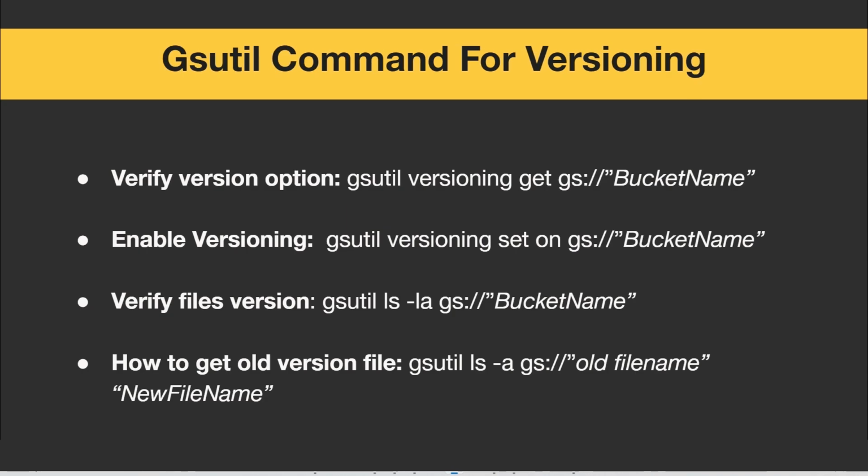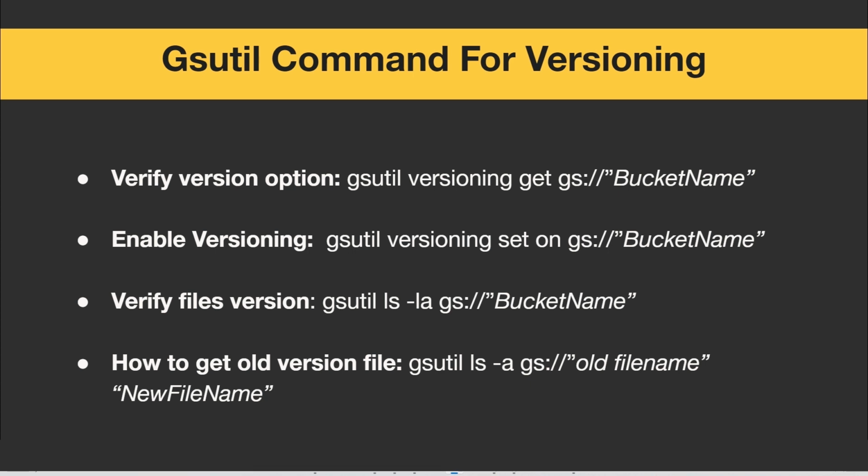gsutil commands for versioning are very important, and we can easily use them to set up versioning. Remember, versioning is not available in the GUI console. You need to set up versioning using Cloud Shell or the Cloud SDK with the gsutil command. To verify the versioning option, use gsutil versioning get gs://bucket-name to see if it's enabled or not.